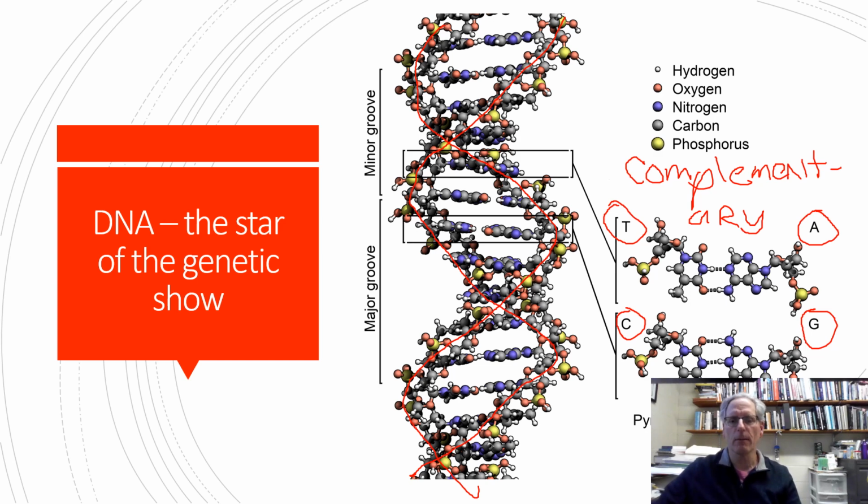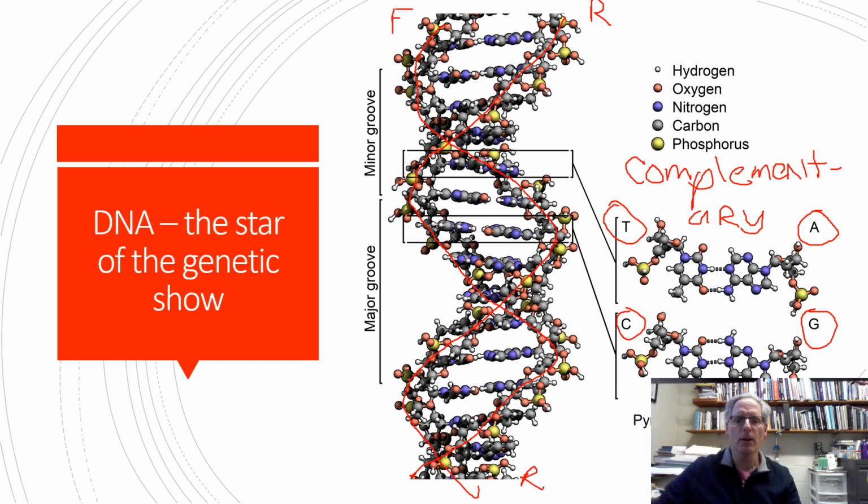The other interesting thing about the double helix is that this part of the strand over here, that's the front right here. That means over here, this strand here, this is the rear of the molecule. And then if you follow this strand down here, well, that's the rear of this molecule.